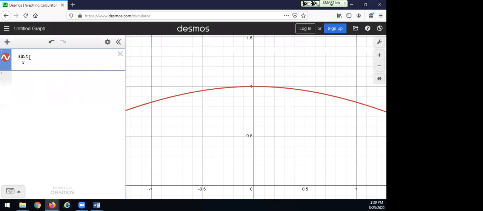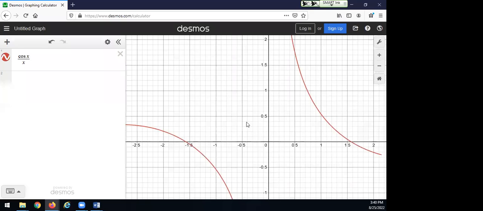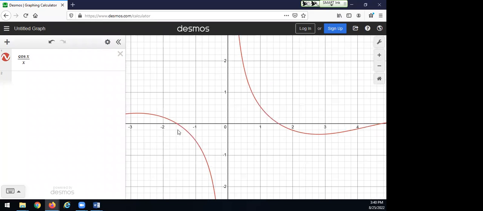Let's pull back up our Desmos. So we can see cosine x upon x. Look at 0, do you notice? From the left, it's approaching negative infinity. From the right, it's approaching positive infinity, so the limit does not exist. So if you have any problem with cosine x upon x, you cannot use 1 there, it doesn't exist. Right? So for cosine, it doesn't work.